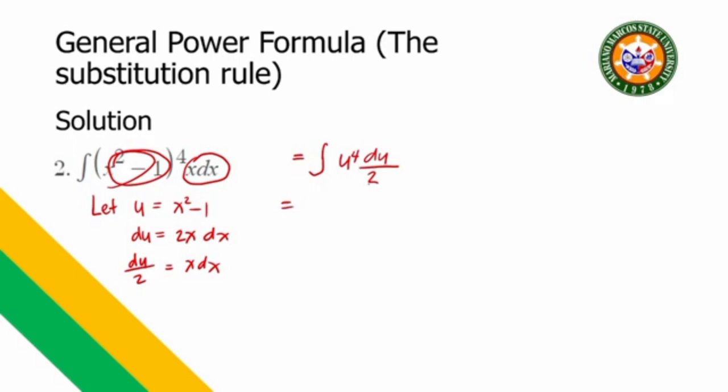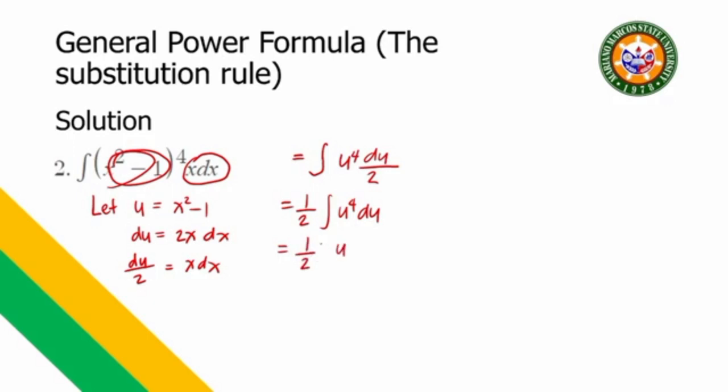So this 1/2 is a constant, so we take it out. So 1/2 integral of u raised to 4 du. Next, we may now integrate this.